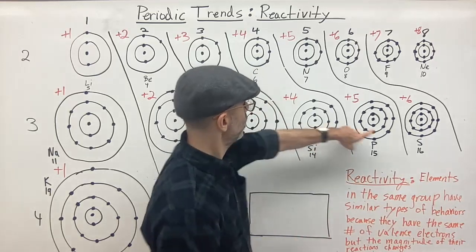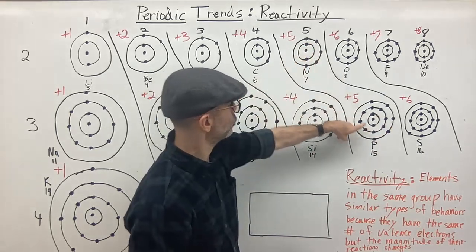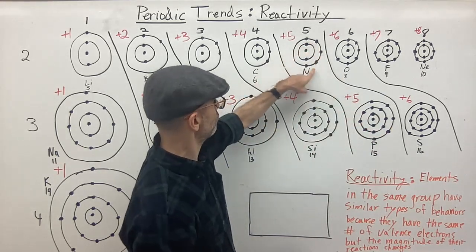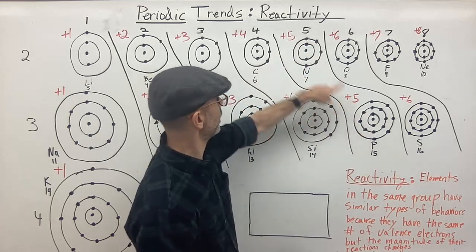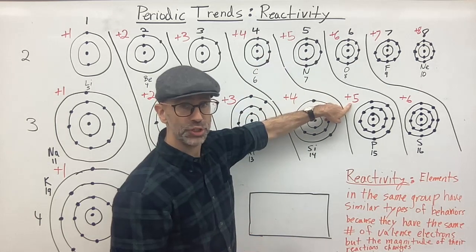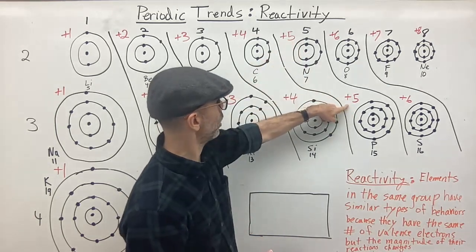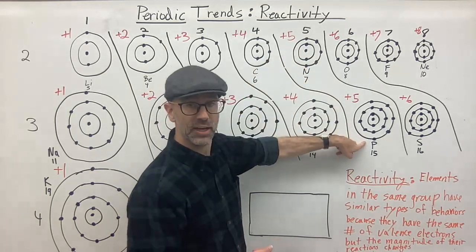And so here we're looking at, again, how strong the attractive forces are. And again, we're looking at, in a group, the effective nuclear charge is the same, so that's not really going to be a factor in this one. So we're looking at size again.